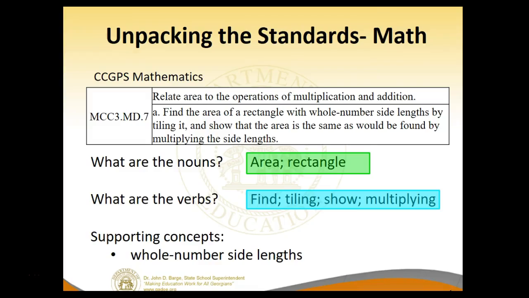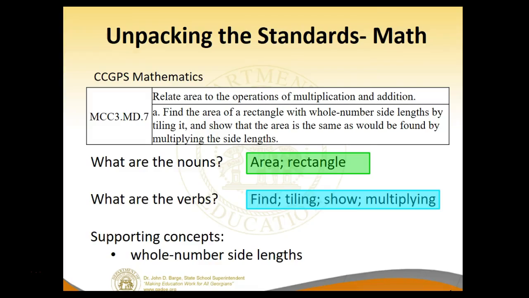In this element, under standard M3MD7, it's the word area and the word rectangle. And so we would say, okay, what is area? What is a rectangle?